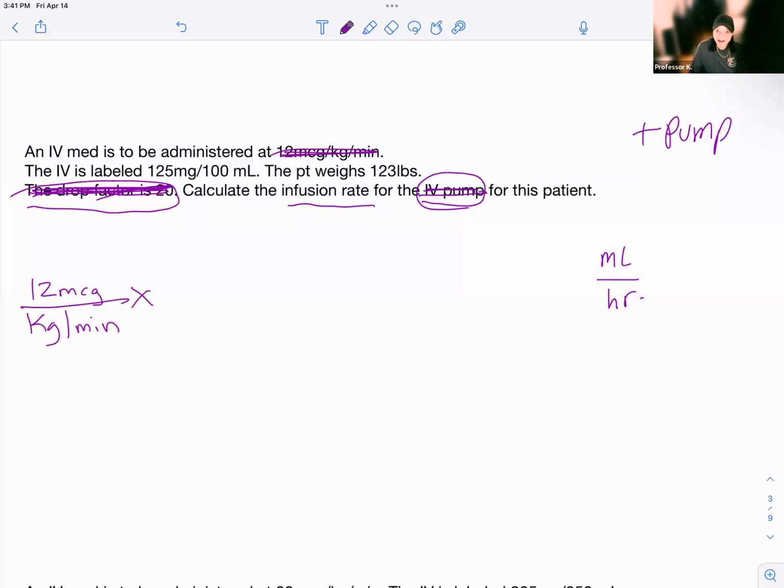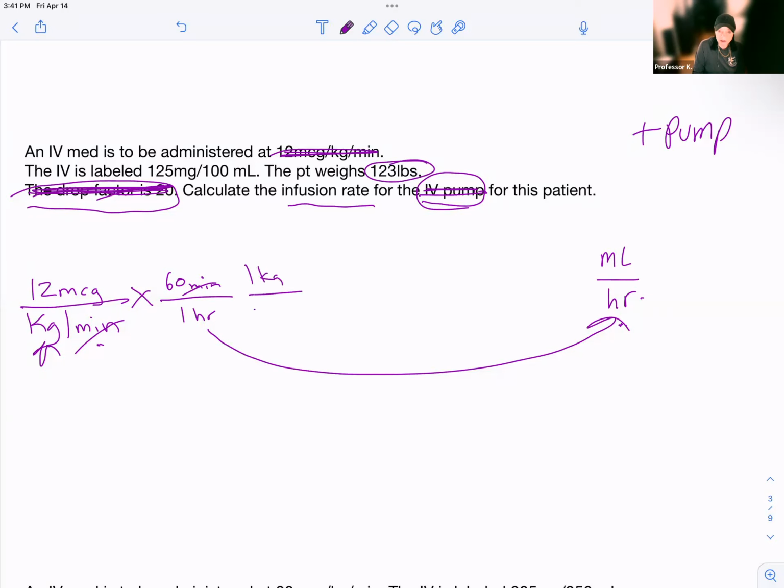So now I need hour in my denominator, and I have minute. How do I get rid of minute and get to hour? The same way I have been. There's 60 minutes in 1 hour. I have hour. Now I have to get rid of kilogram, but the patient's weight is in pounds. 1 kilogram is 2.2 pounds.